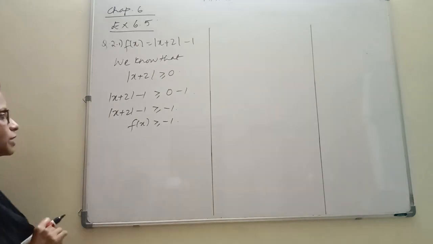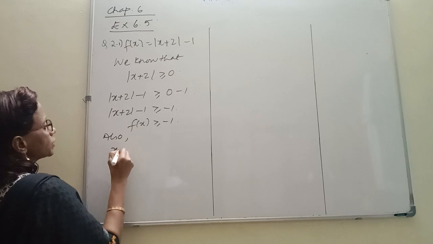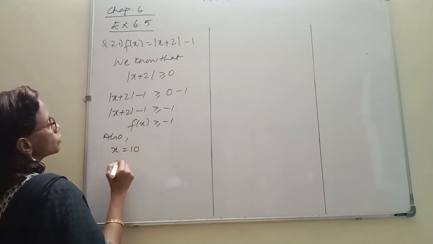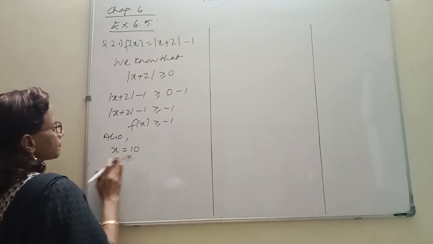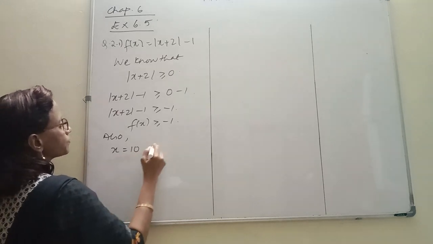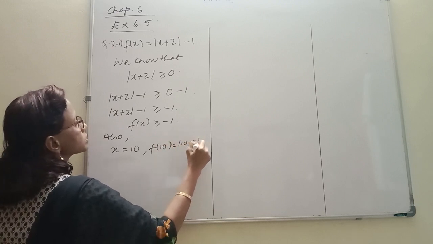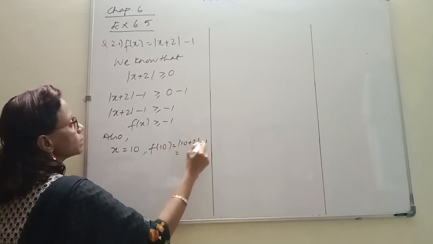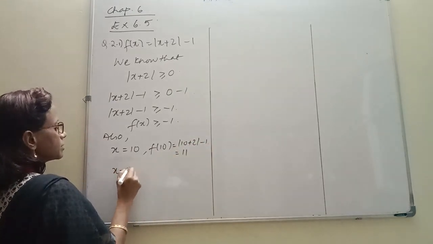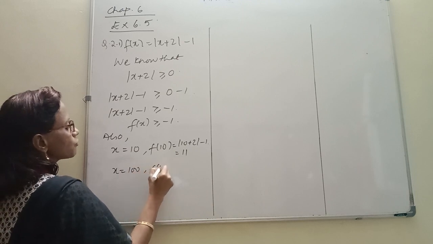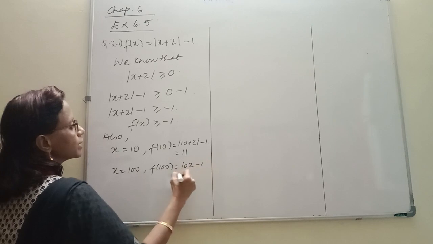For you to get yourself convinced, you can take the value of x as maybe 10. So your f of 10 is 10 plus 2, which is modulus 12, minus 1, it's 11. You take x as 100. f of 100 is 100 plus 2, 102, minus 1, 101.